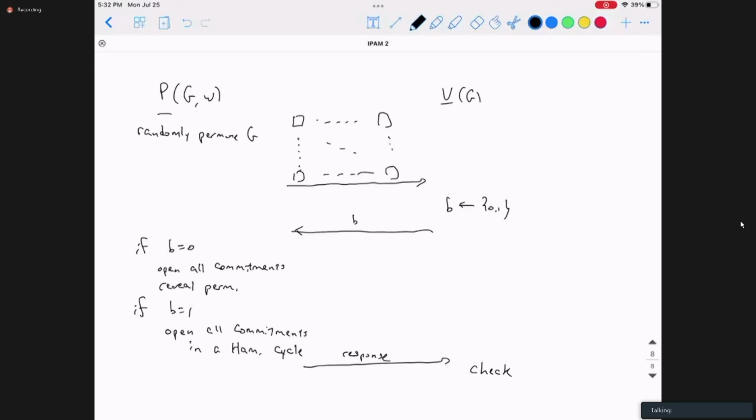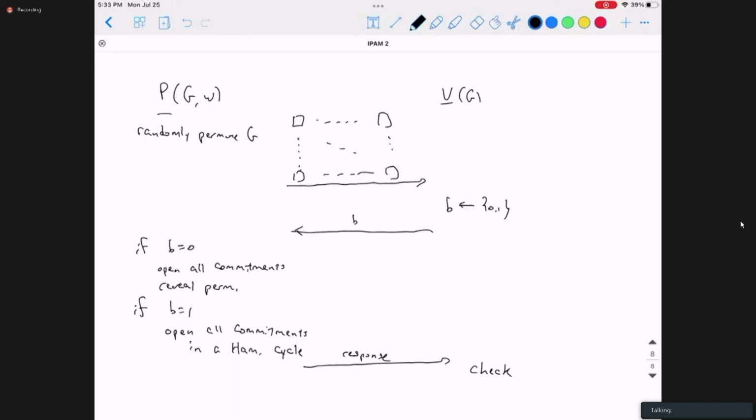Because if the prover can convince the verifier with probability 1, then what that means is that it's able to send some set of commitments in the first round, such that regardless of whether the verifier responds with a 0 or a 1, the prover will be able to open correctly. So if the verifier sends back a 0, then the prover can open up all the commitments and it will indeed be a permuted copy of the original graph. And if the verifier sends back a 1, then the prover is going to open some subset of those elements in the adjacency matrix, verifying that there is indeed a Hamiltonian cycle there.